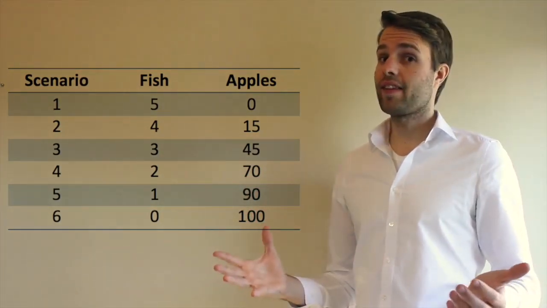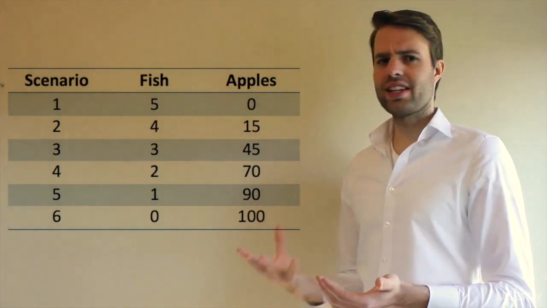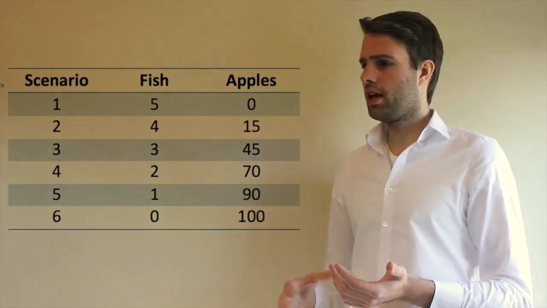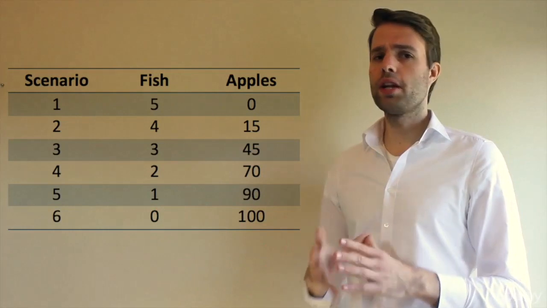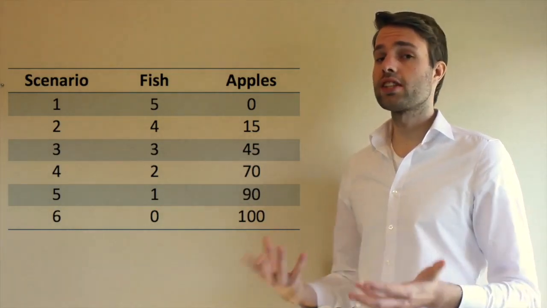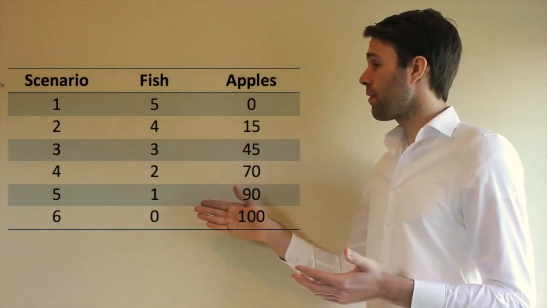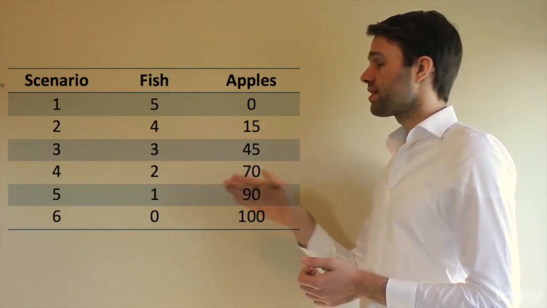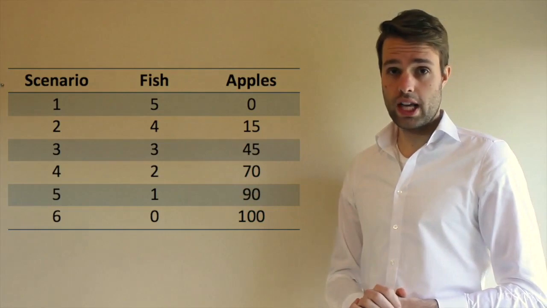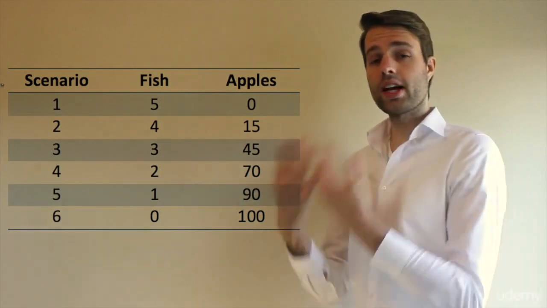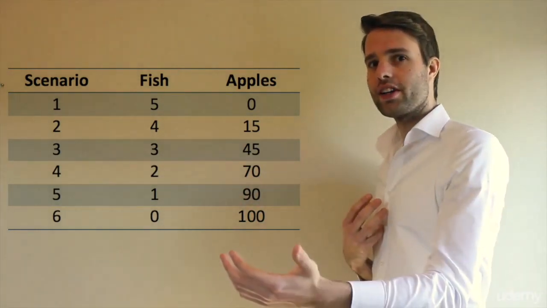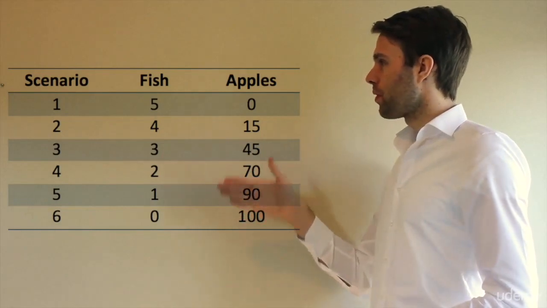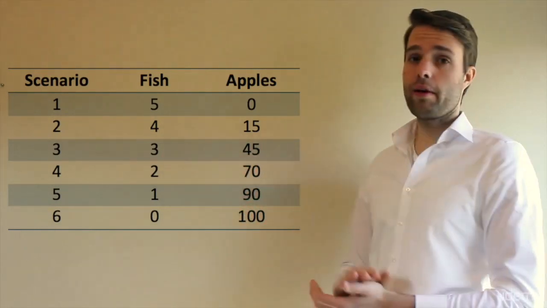Let's say we really like it and we want to catch an extra fish. This is a bit harder. We need to go to a lake further and we need a better fishing rod to catch it. So it takes us more time. From scenario 5 to scenario 4, where we have 2 fish, this time we have to give up 20 apples. Let's say we want to catch a third one, and this one is even harder. Now we can see from scenario 4 to 3, we have to give up 25 apples.